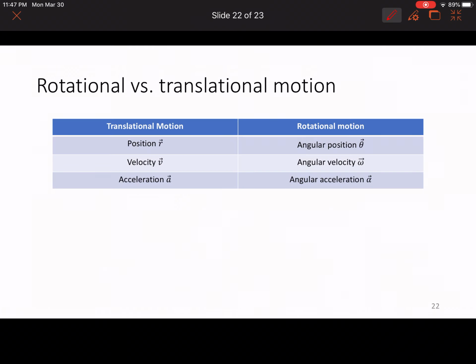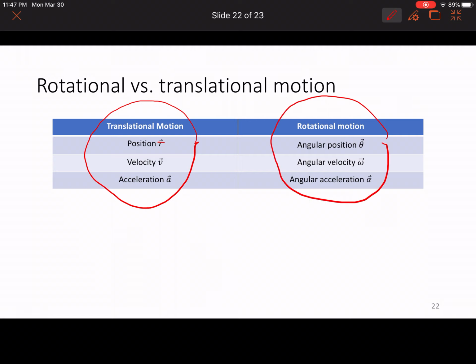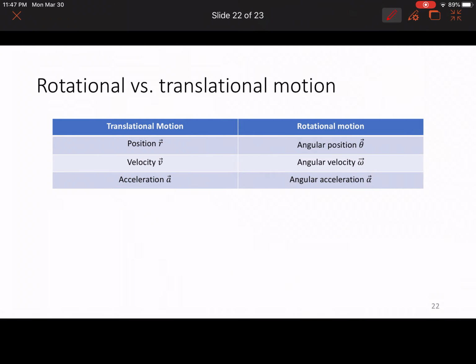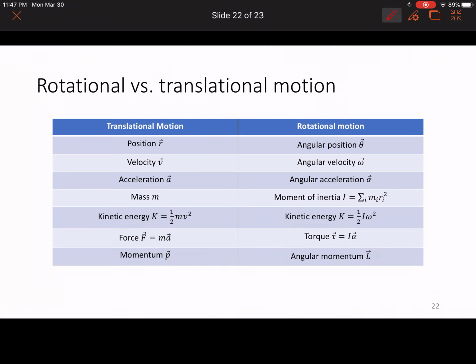Just to give you a little preview of where we're going next, I've talked about this mapping, this table, where I can translate all of my one-dimensional motion into rotational motions. Position becomes theta, velocity becomes omega, and so on. The remainder of the next 4 lectures, I think, the remainder of the next 2 chapters, is basically to just do this for every other quantity that you have to know.